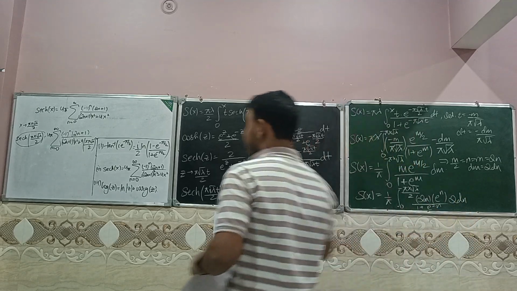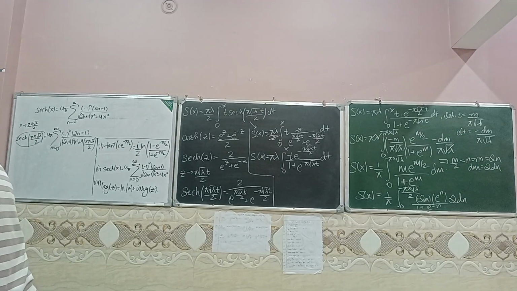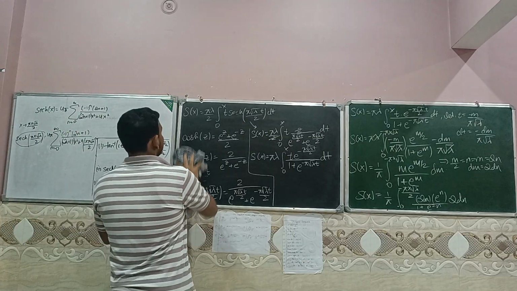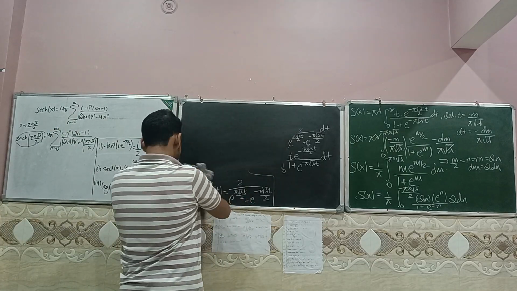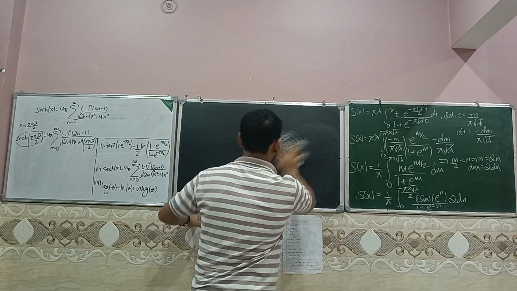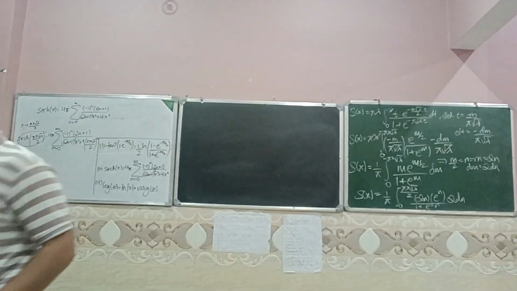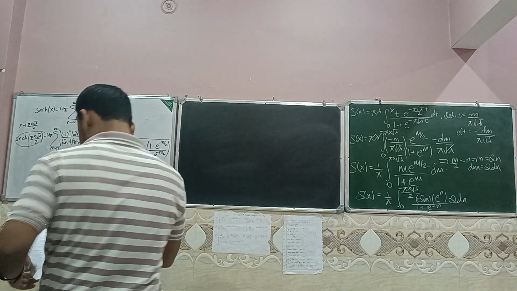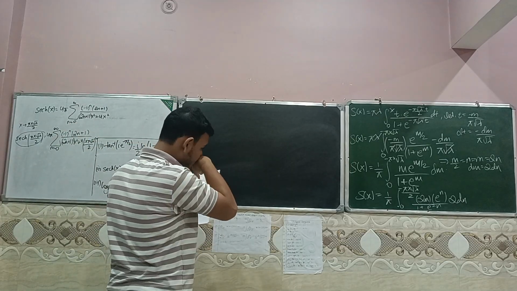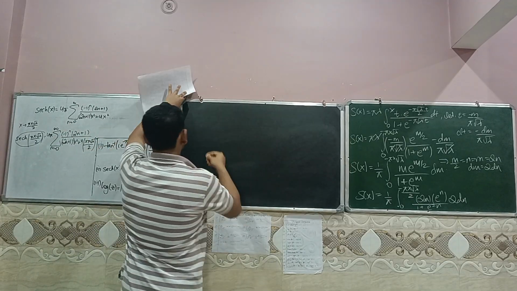Okay, let me just write it down again over here. I hope, guys, everything is understood by you so far, so clear, because it's quite good. So yeah, let me just repeat that again.